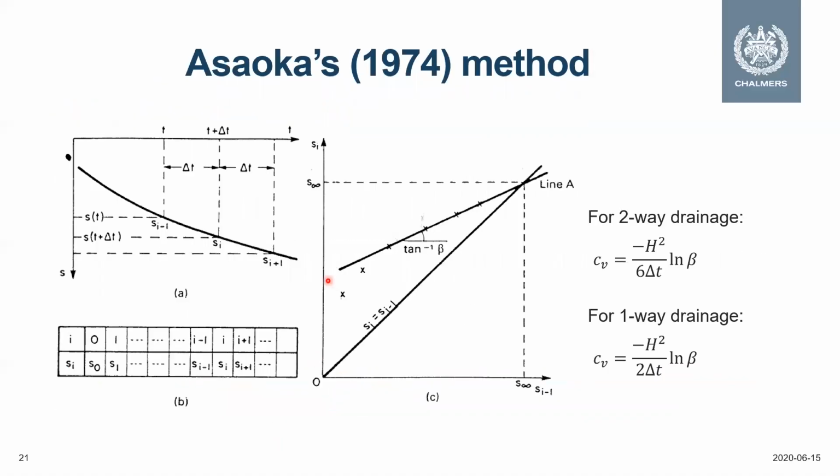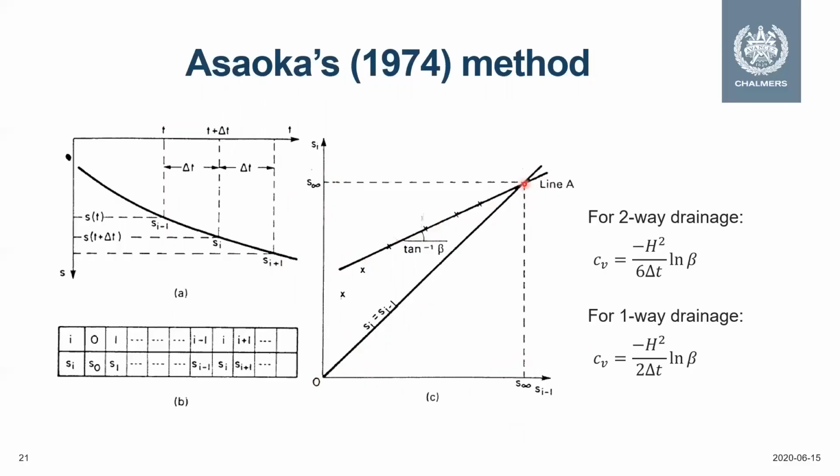For those of you who are not familiar with Asaoka's method, it is one of these graphical methods where you divide your settlement time data into equal increments and plot your settlement at a given time against the settlement at the time minus 1. The idea is that after some point the data come to a common line.